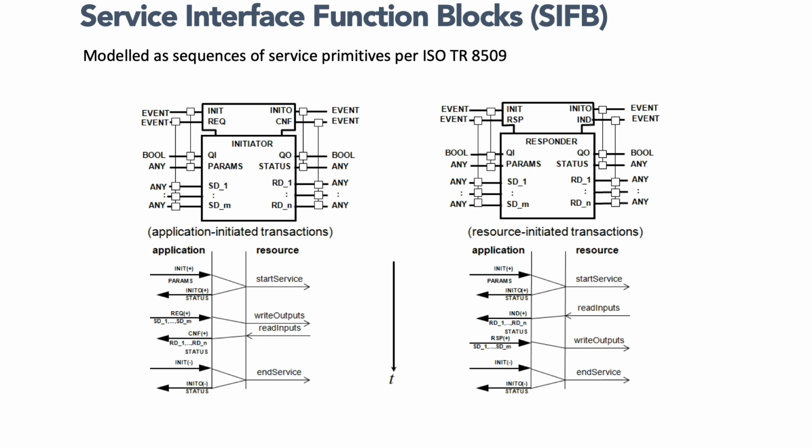First we send an init event to the initiator input, and after some time at the resource side the service is started. After the service is completed, the initiator is informed by the init O event. That's the initialization part of the functionality.